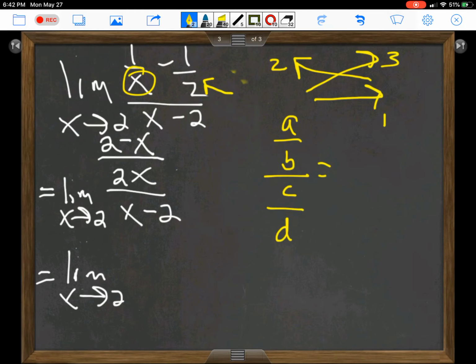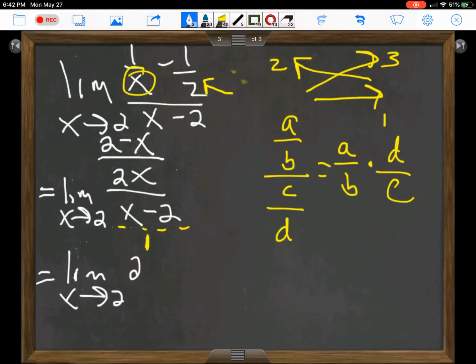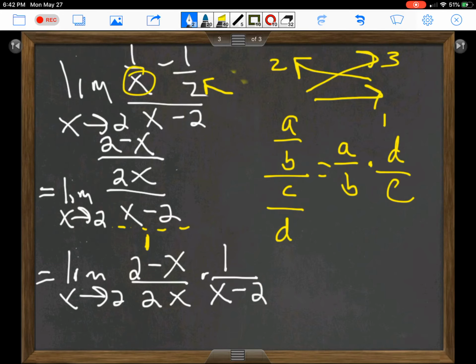The way we simplify that was just a over b times d over c. You use the reciprocal. So in this case, this is really 2 minus x over 2x, over x minus 2 divided by a 1 there. So going back to our problem, I'm going to write 2 minus x over 2x times 1 over x minus 2. That's what I'm going to do.